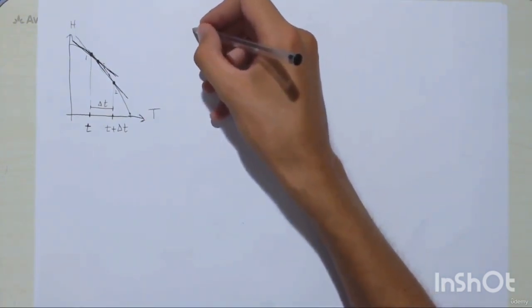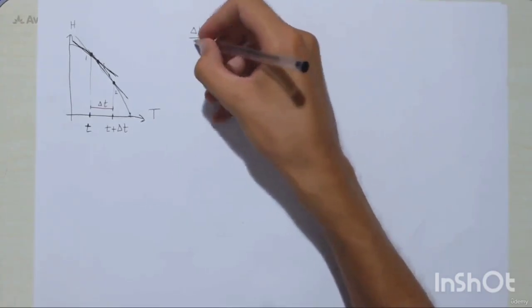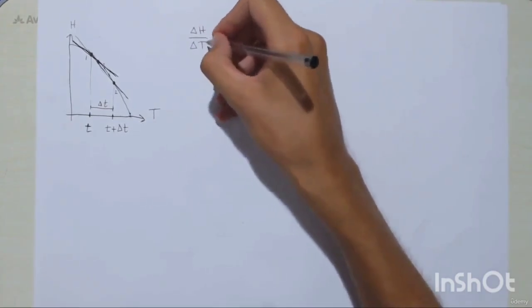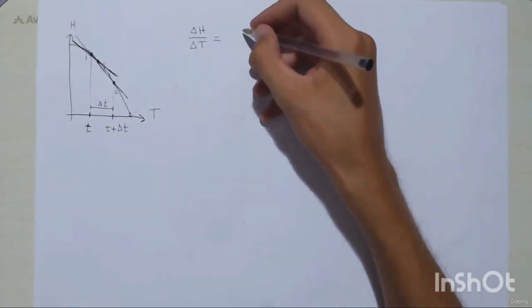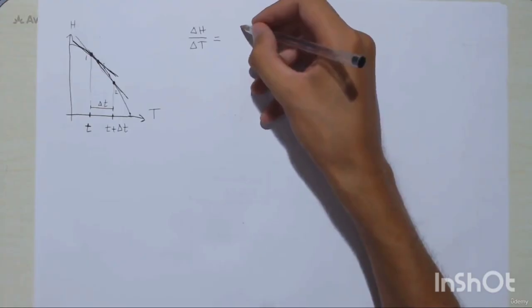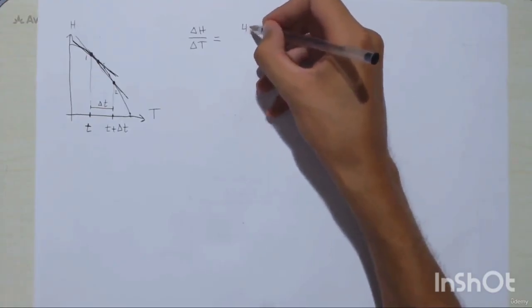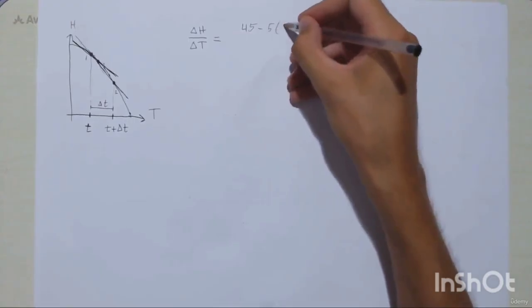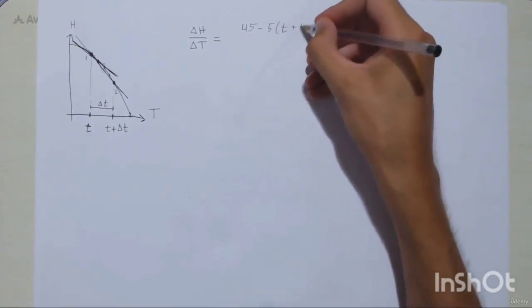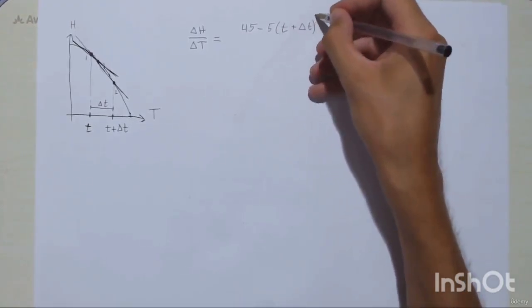Well, let's just go to our standard formula, how we find changes. Delta h over delta t equals new minus old. What would be the new height? The new height would be 45 minus 5 times (t plus delta t) squared, right?